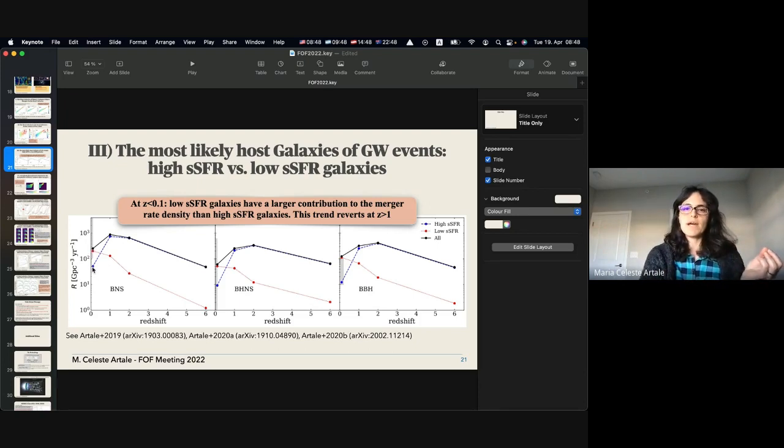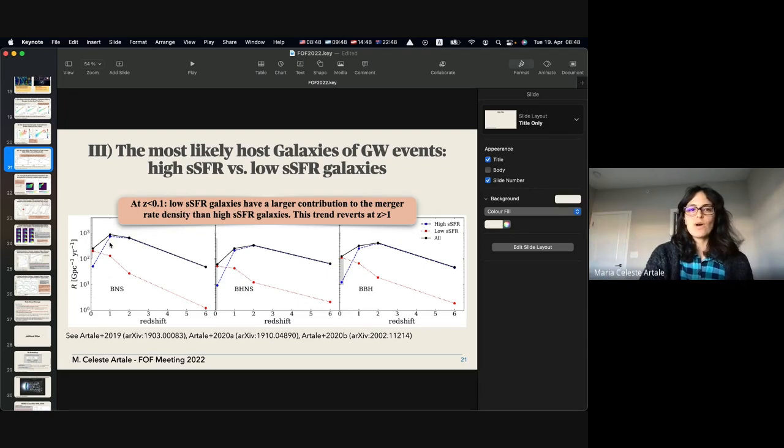Instead, in the late type galaxies, where we are forming stars now, the only ones merging at low redshifts are those binary compact objects with short delay times, that form and merge in a very short period of time, since at high redshifts we are not giving them time to evolve and merge.